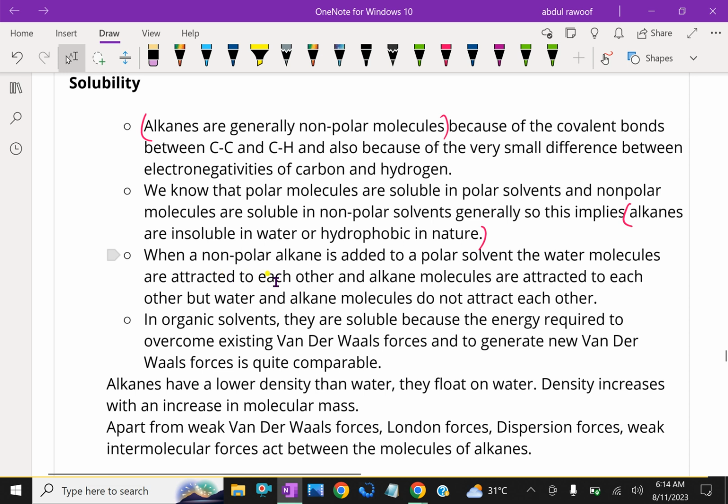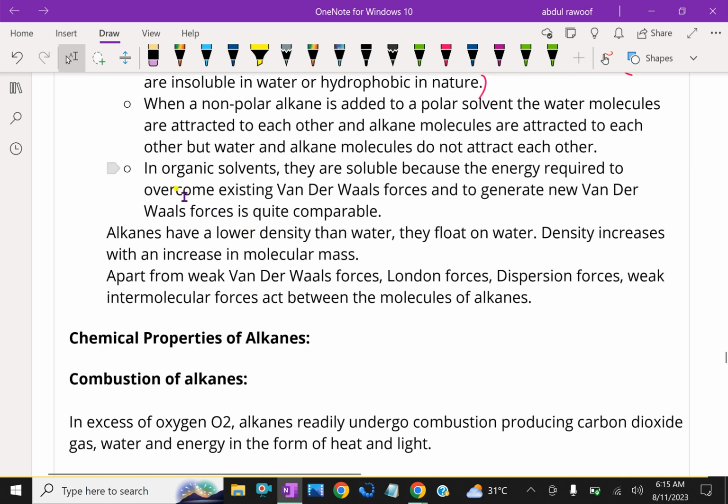When a non-polar alkane is added to a polar solvent, the water molecules are attracted to each other and alkane molecules are attracted to each other, but water and alkane molecules do not attract each other. In organic solvents they are soluble because the energy required to overcome existing van der Waals forces and to generate new van der Waals forces is quite comparable.